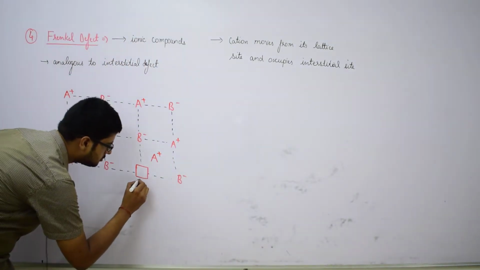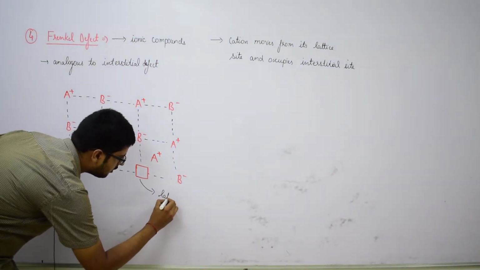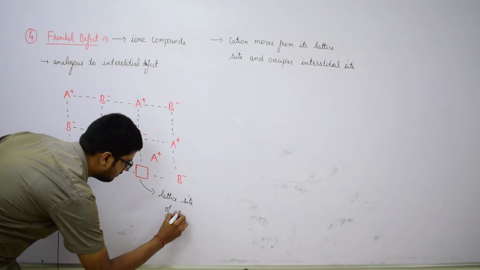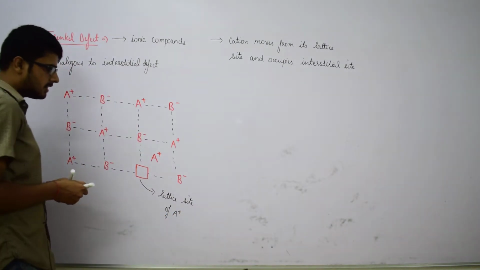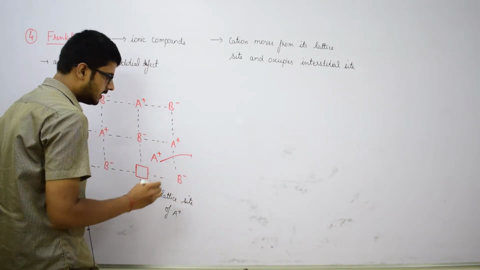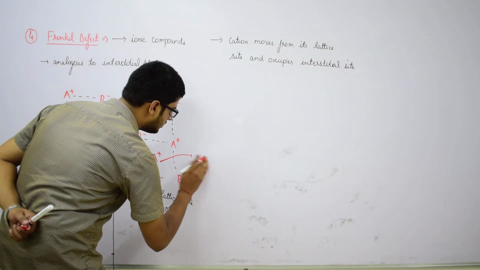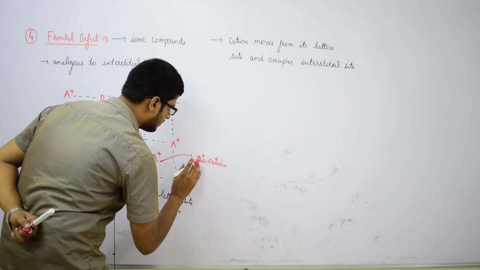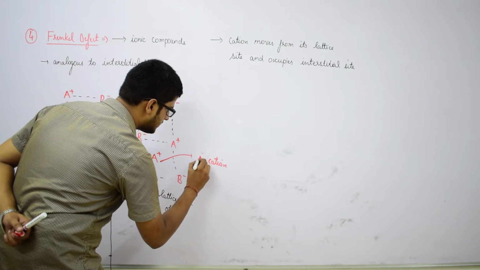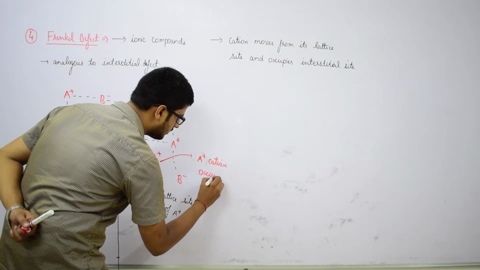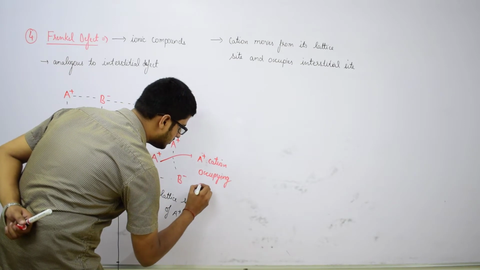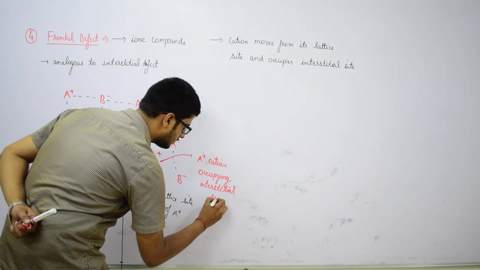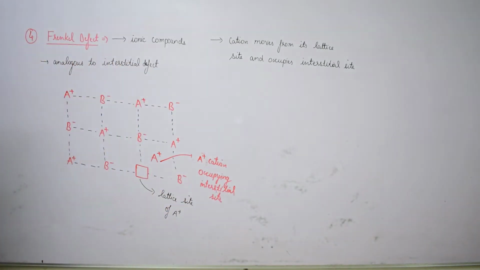This was supposed to be the lattice site of cation A plus, and this A plus has moved from its lattice site and is occupying an interstitial site.